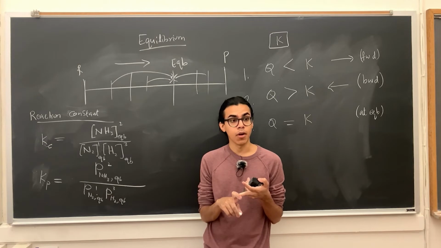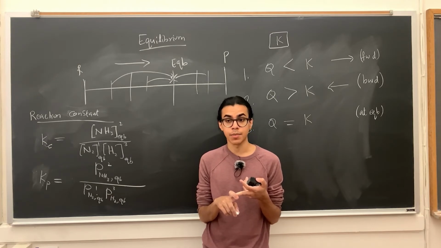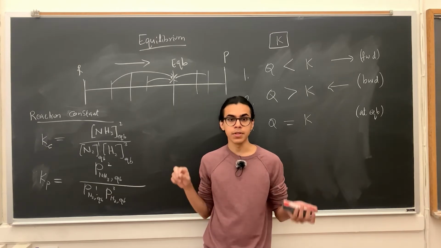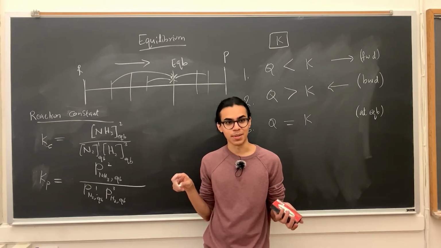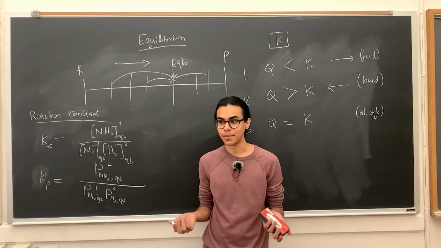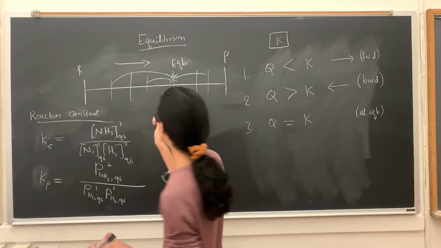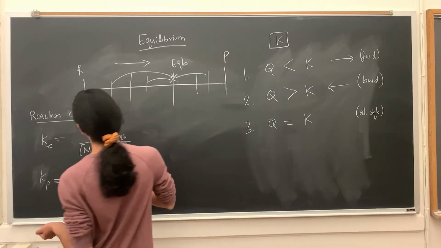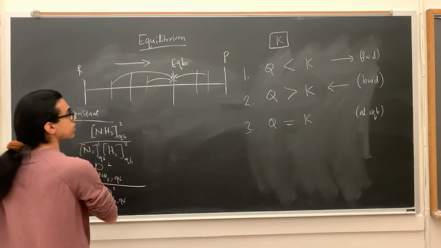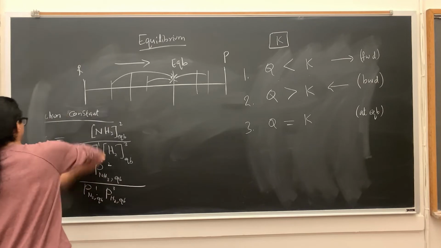Melting, boiling, also physical processes. So all of those have equilibrium. In fact, every process in the world is an equilibrium process, generally speaking. But because this is chemistry, we're focusing only on the chemical contexts. Great. There's that.